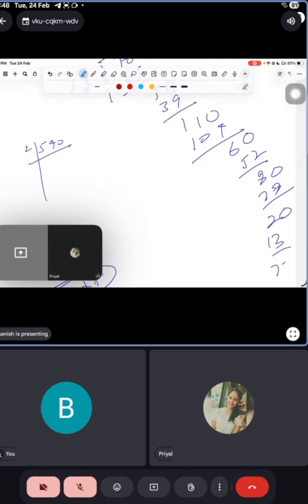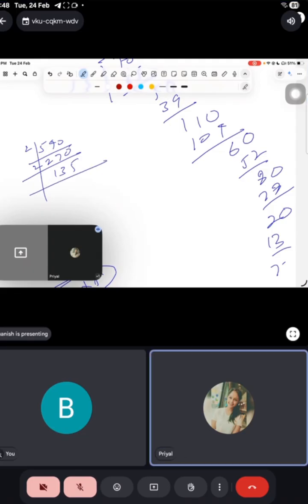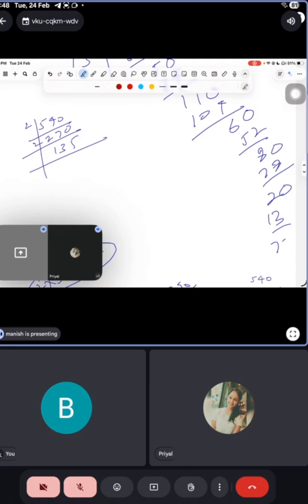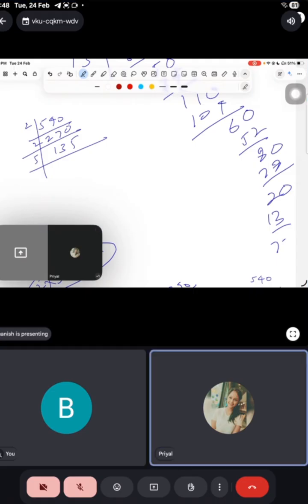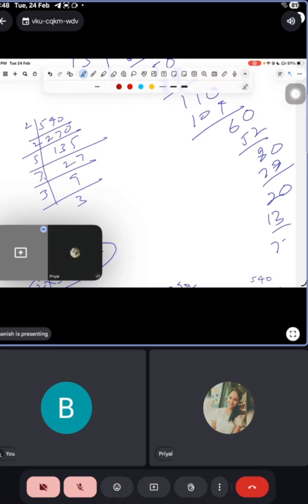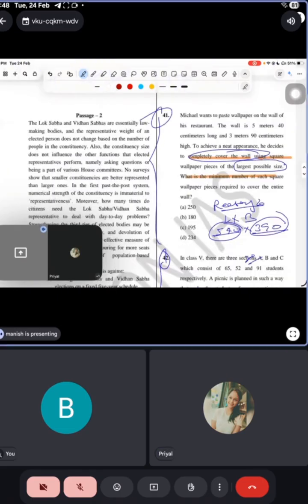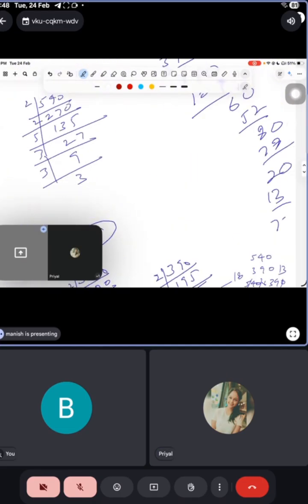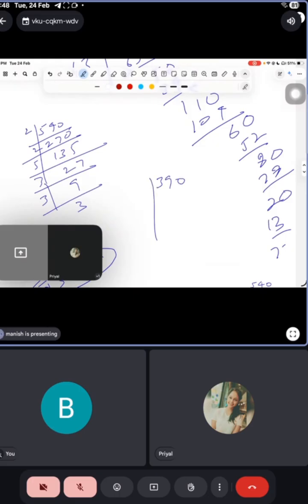540 divided by 2 is 270, and here 5, 1, 9, 5, now it will be divided by 5. Then the other number is 390.